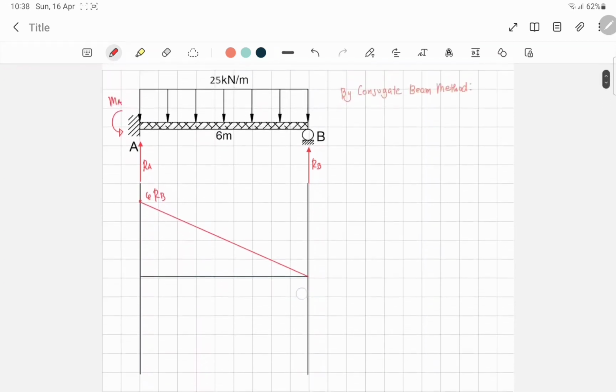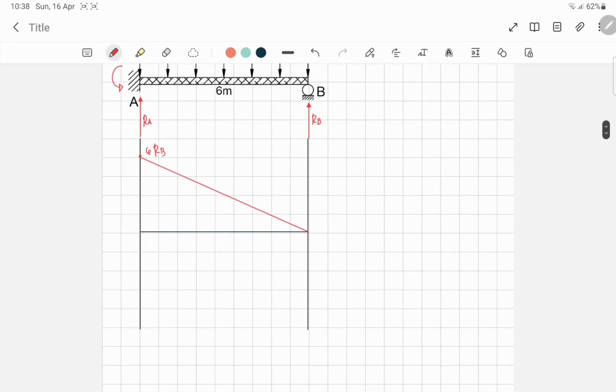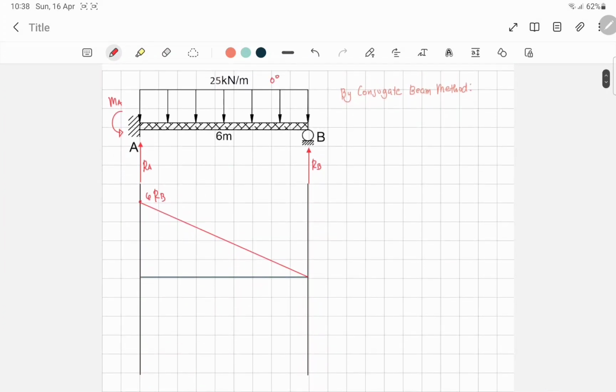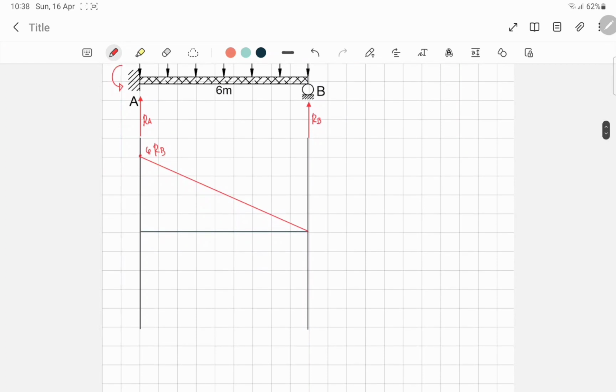For the uniform load, since the load is zero degree, the shear is first degree, therefore our moment is a second degree curve. We have a formula for a second degree curve, WL squared over 2. So we will arrive at this answer.